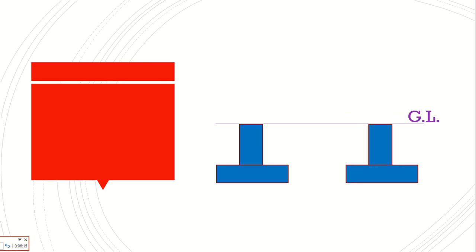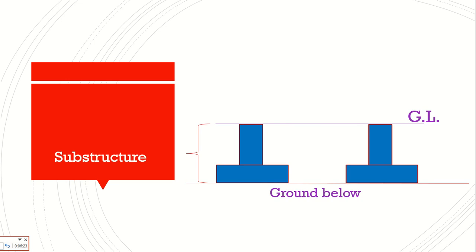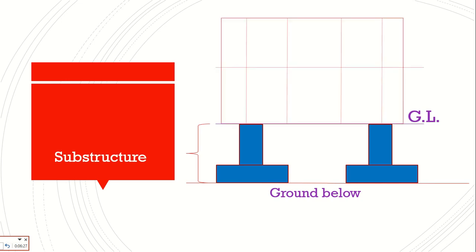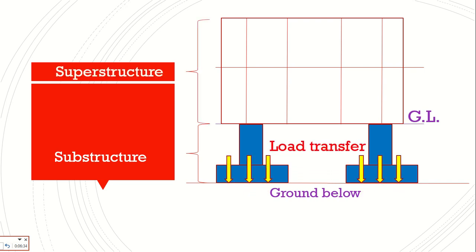Let us imagine this is the ground level, this is the foundation, this is the strata on which the foundation is constructed. So obviously this is substructure which we have already seen. Now this is the imaginary building which is constructed on the ground level. Now this imaginary building is known as superstructure.